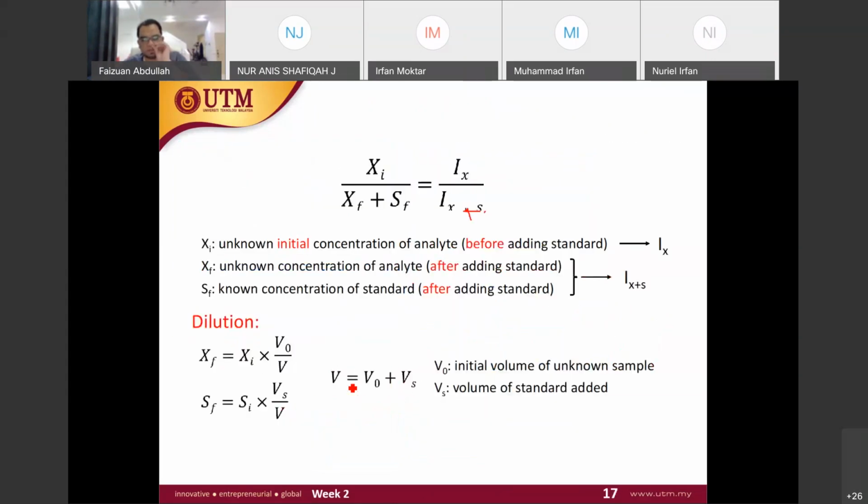And when is this equation used? Standard addition method, right?